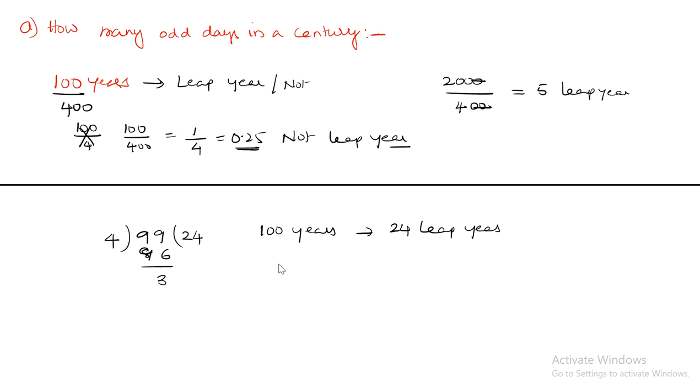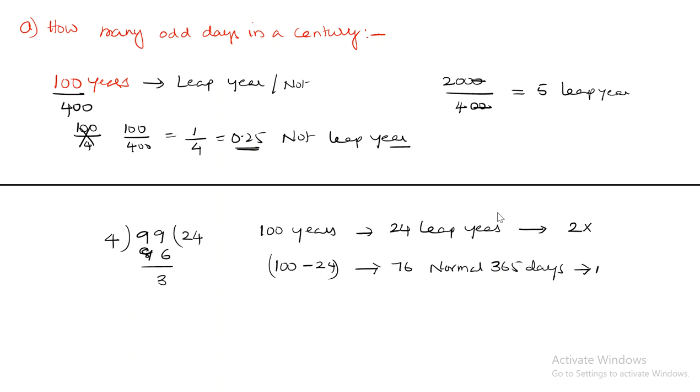So what are the remaining years? 100 minus 24 is 76 normal years of 365 days. Now leap years have 2 extra odd days, and normal years have 1 extra odd day.